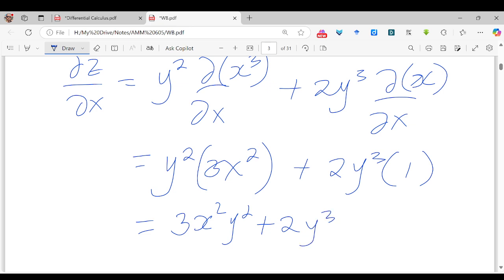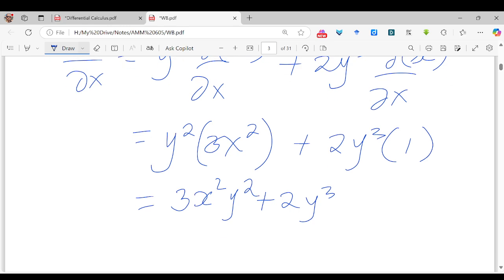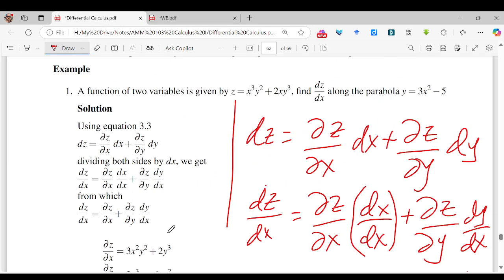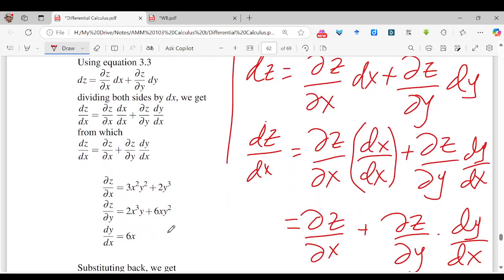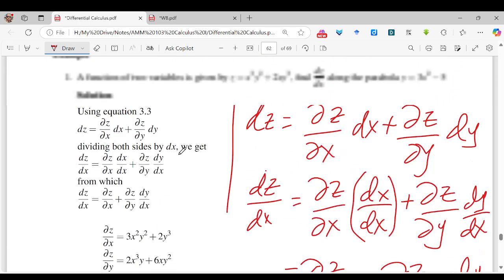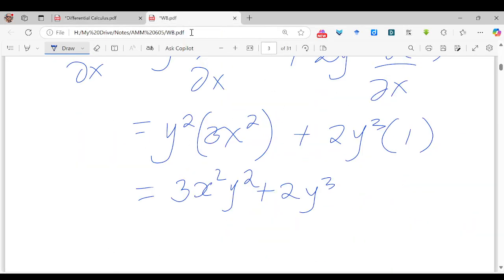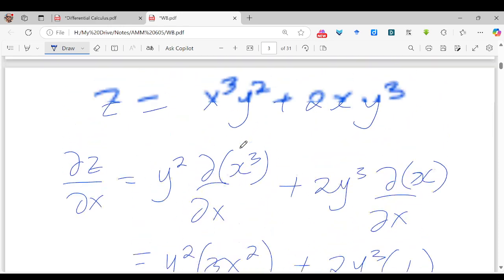This is the first order partial derivative of z with respect to x. Similarly, we can find the first order partial derivative of z with respect to y by again taking the same function, but this time differentiating with respect to y.